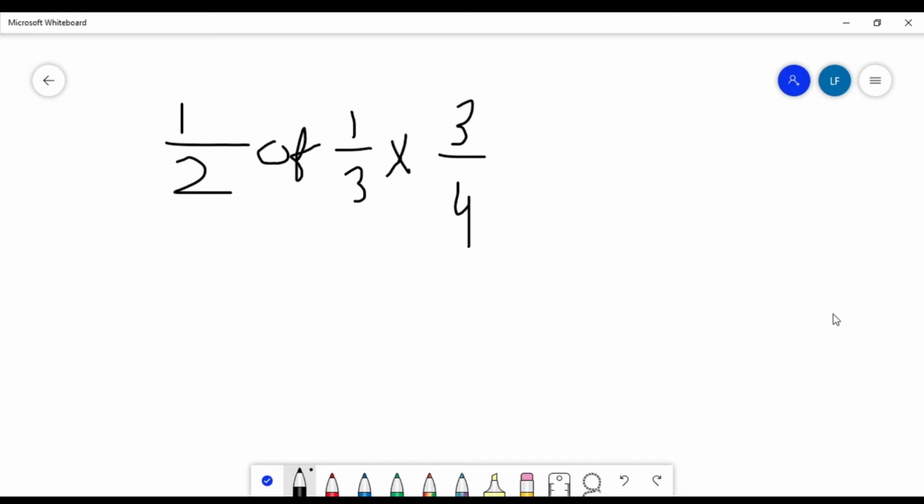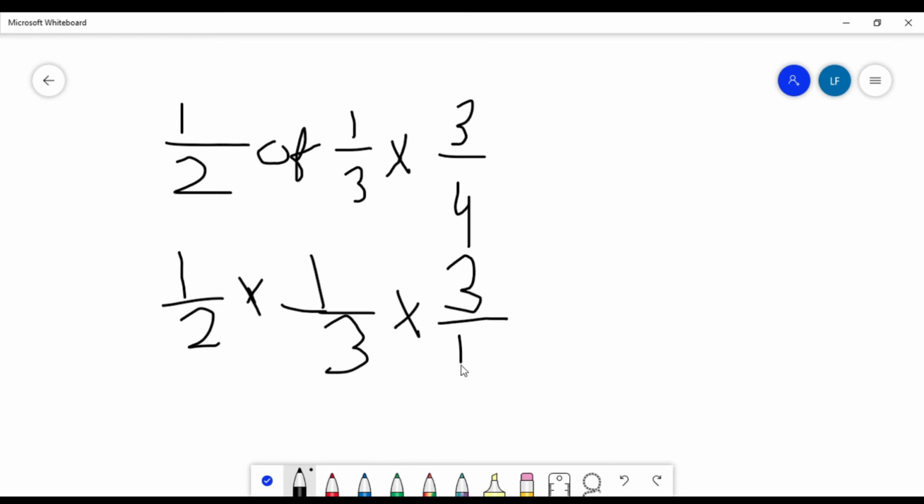Well, remember the first rule. We have to first do of. But I have also told you that of is also known as the multiplication sign. So 1 by 3 into 3 by 4. The question will become this in the next step.